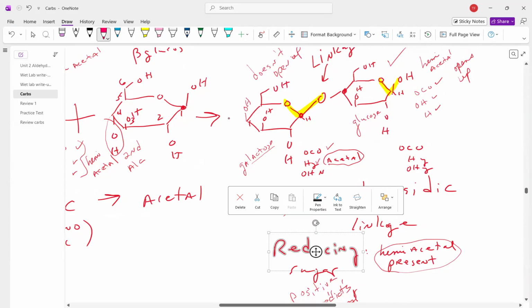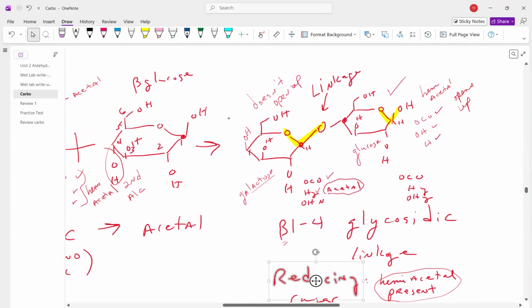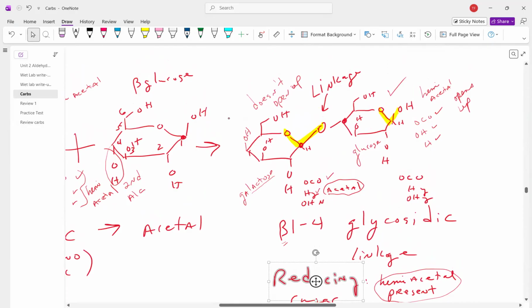Okay, so we have a linkage that attaches the two glucoses together. We have to name the linkage. So this is starting off with a beta over here. That means the OH group is up.